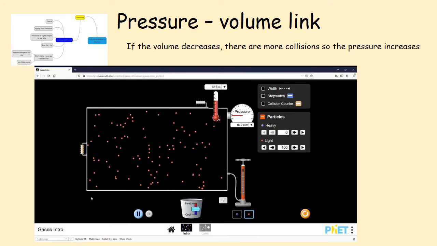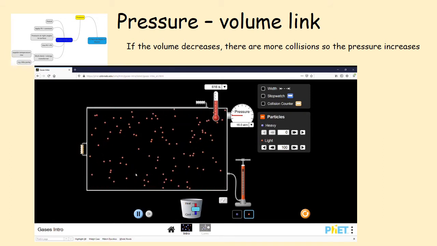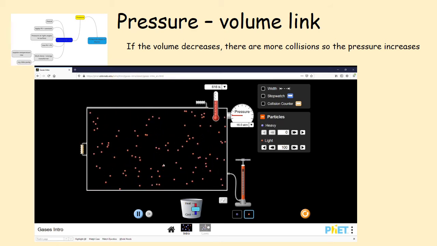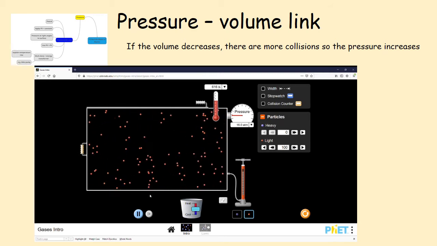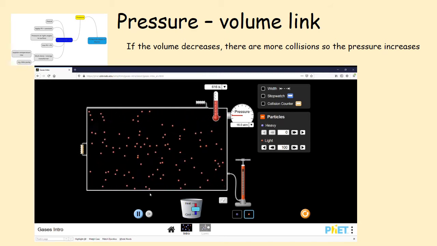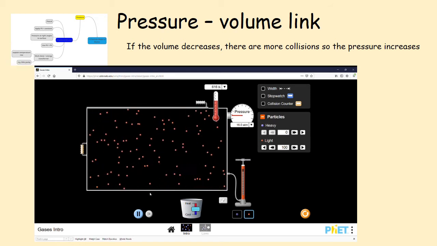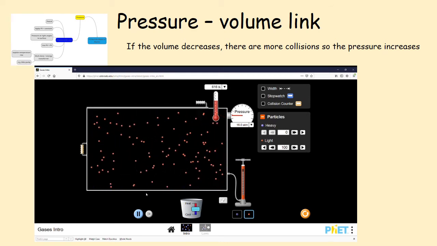So here we have a simulation showing some gas molecules inside a sealed container. And so what I recommend you do is that you spend a few moments just following the course of one individual molecule. You should be able to see that its direction and its speed changes from time to time, either when it gets hit by another molecule or when it hits the sides of the container.